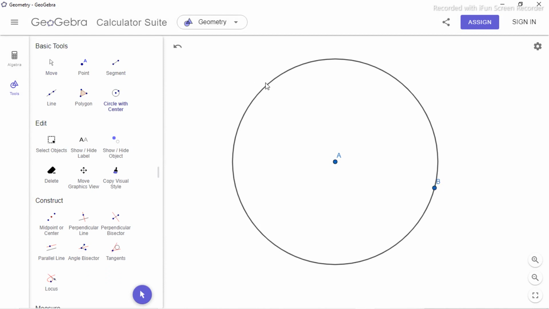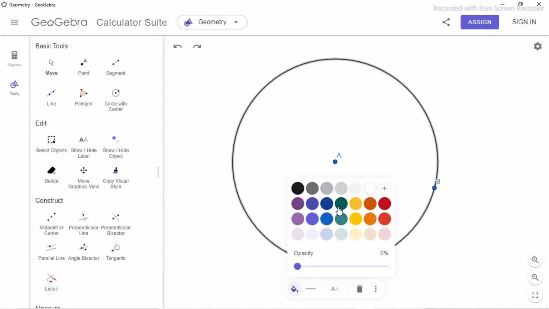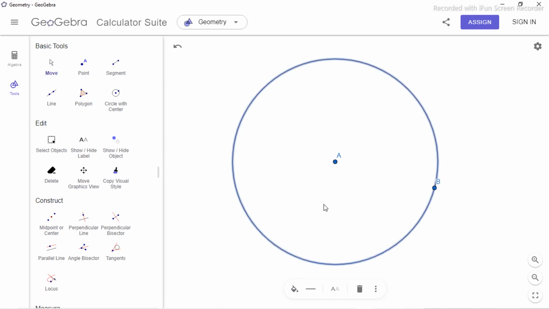As you can see, this outline you're seeing here, let me just change the color maybe to a blue. The blue outline, that's what we call the circumference.